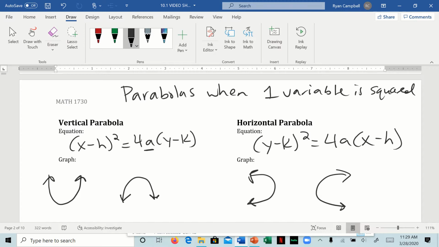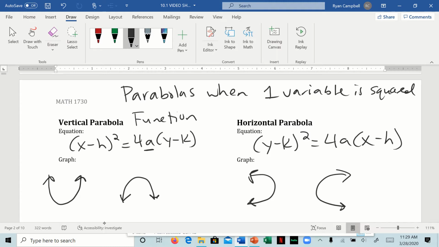Now, when determining whether it's vertical or horizontal, the vertical goes up and down. If we notice, is this a function? Does this pass the vertical line test? Yes, it does. So it is a function because the graph passes the vertical line test. And if we look at the graph, if x is being squared, then that's going to be a function. Now let's look at the horizontal one.